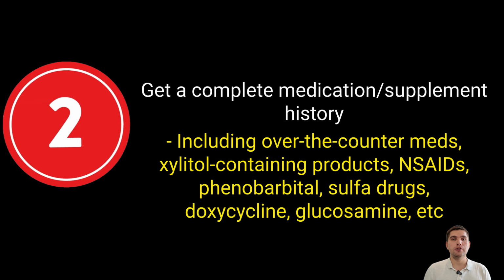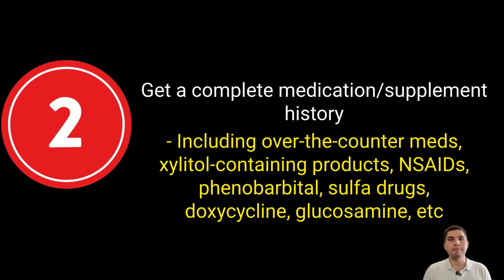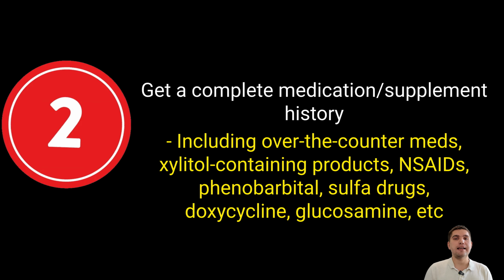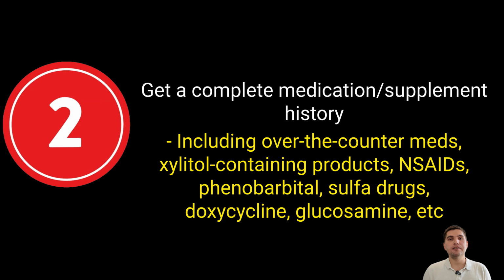Number 2, if you're dealing with a dog with suspected ALF, get a complete medication and supplement history, including over-the-counter meds that owners could have given to that patient. Things like NSAIDs, phenobarbital, sulfa drugs, doxycycline, and even glucosamine have all been linked to liver failure in dogs.